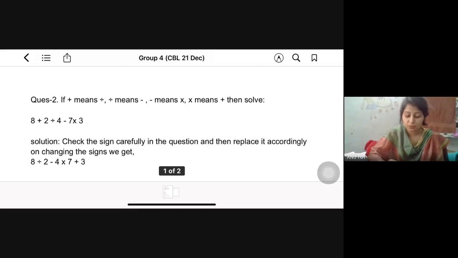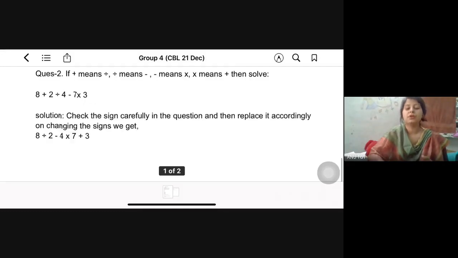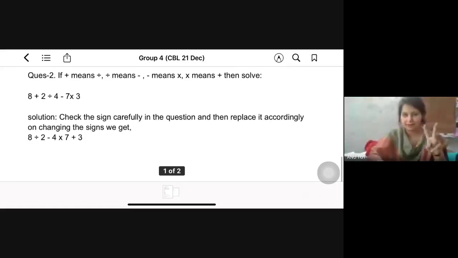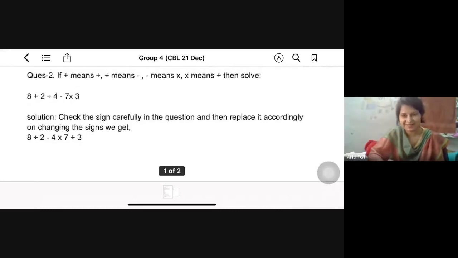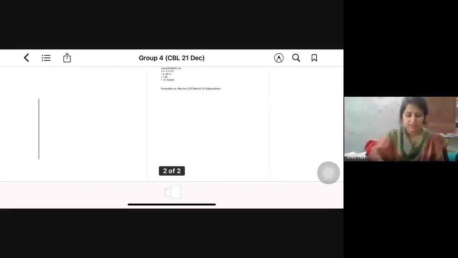Now, what do students have to do? In this question, two concepts are tested. First, how attentive they are and how carefully they read the question. And second, the BODMAS rule, as such questions are solved by BODMAS: brackets, division, multiplication, addition, and at the end subtraction. So first of all, we change the signs; in place of the plus sign we put a division sign, and similarly we change all the signs in this question.